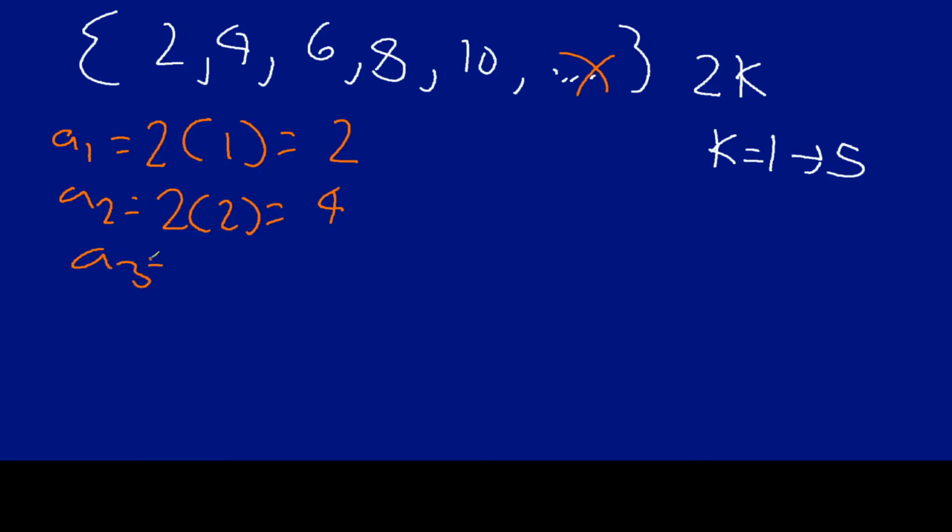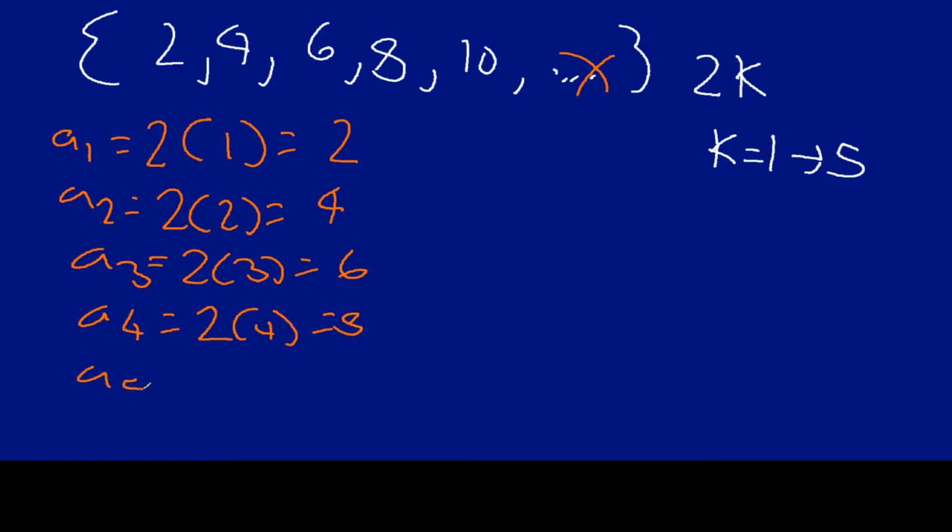A sub 3, I hope you're seeing the pattern, 2 times 3 gives me 6. A sub 4, 2 times 4 gives me 8. And a sub 5 is 2 times 5, which gives me 10. So that's my series right there.